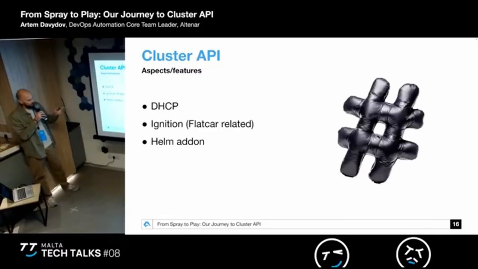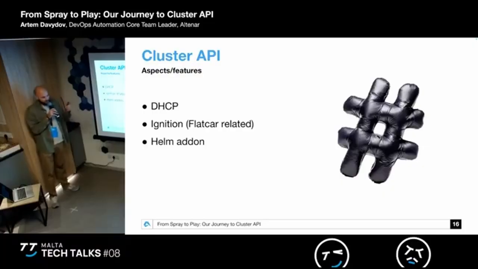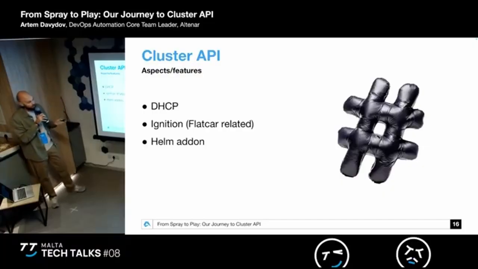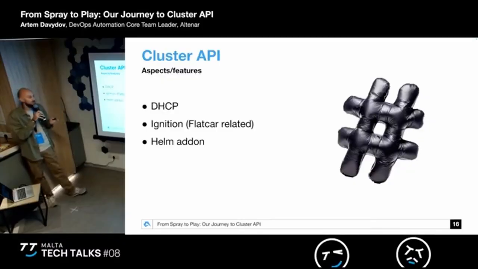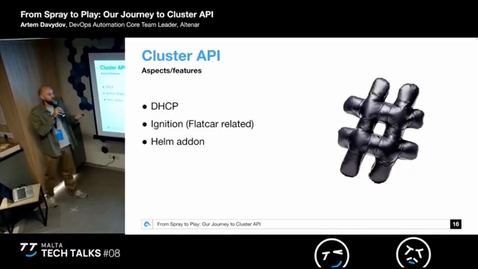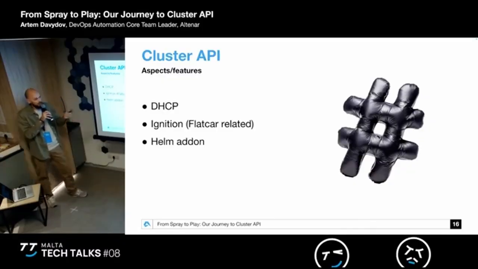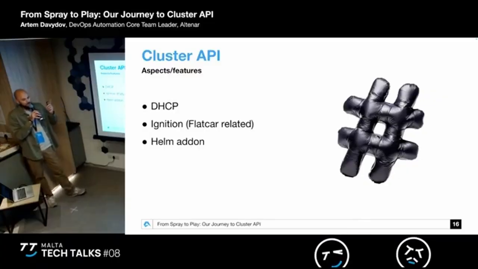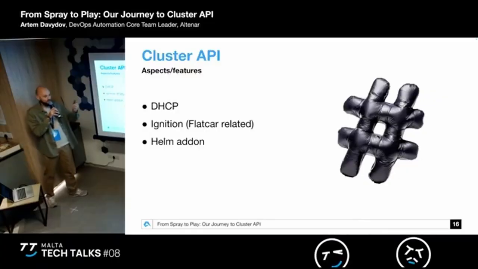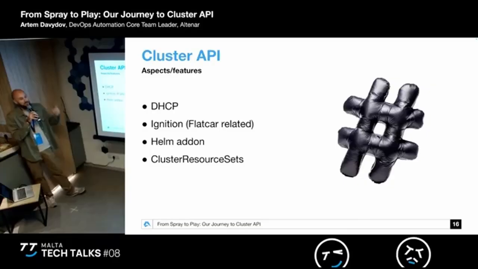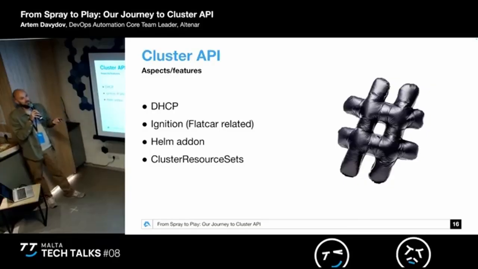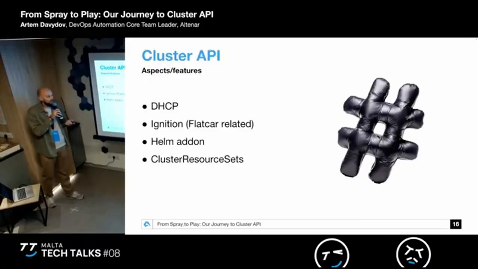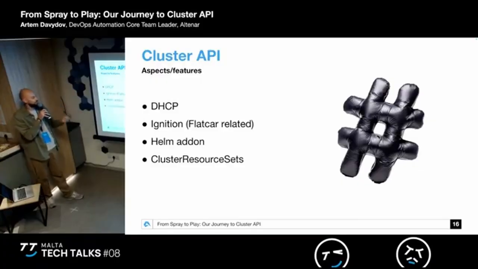Helm add-on, I mentioned it. After the cluster has been created, you have the possibility to install some Helm releases in it. In that way, we deliver the Cilium network plugin. For example, you can deliver Prometheus, maybe some infrastructure components.